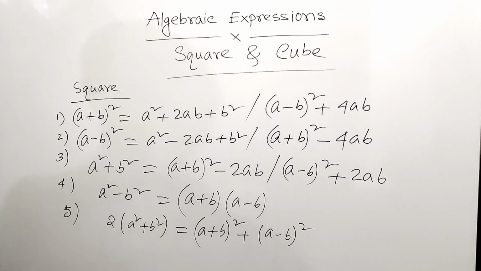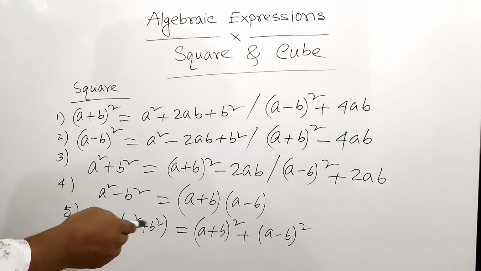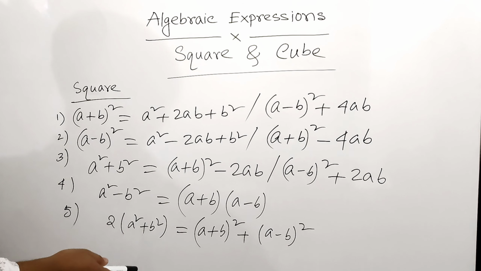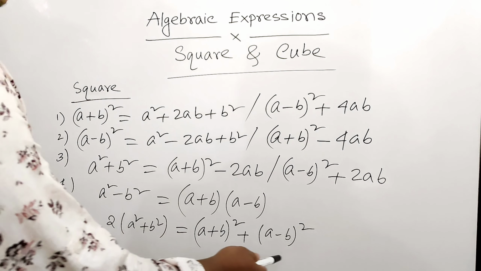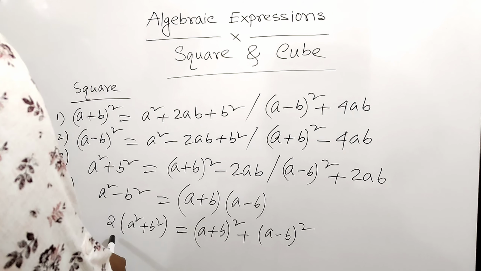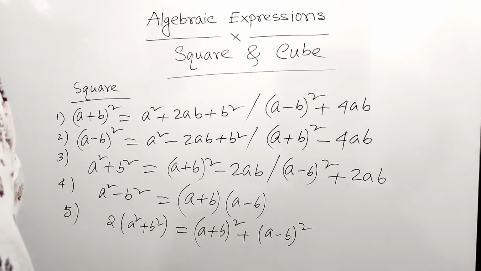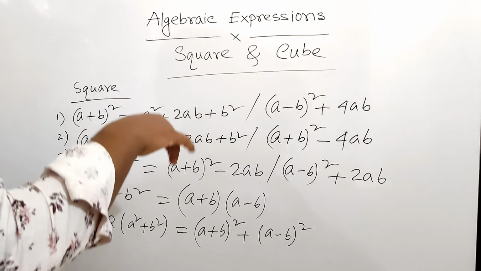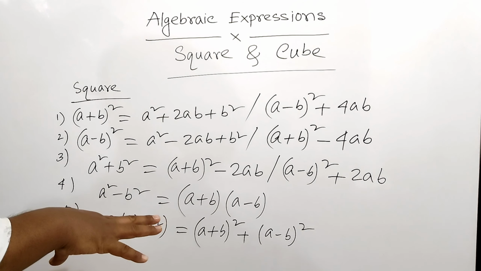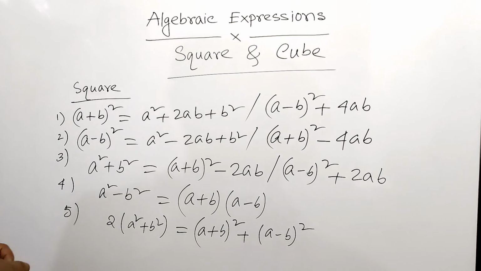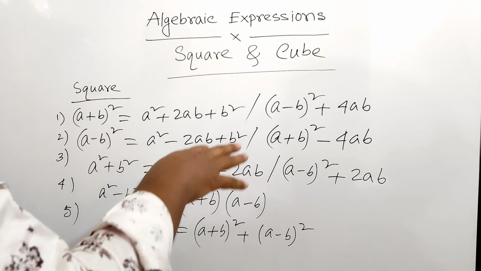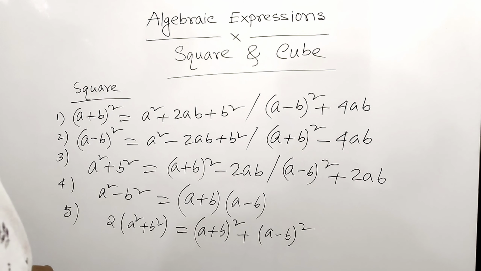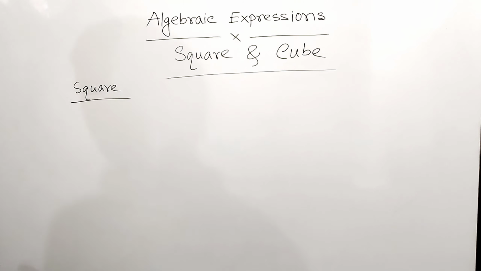And this is so important. If the question is to find the value of 2 into a square plus b square, and the two given values are a plus b and a minus b, then you can use this formula and it will be so easy for you. These 5 formulas are so important when you find the value or when you do the factorization.